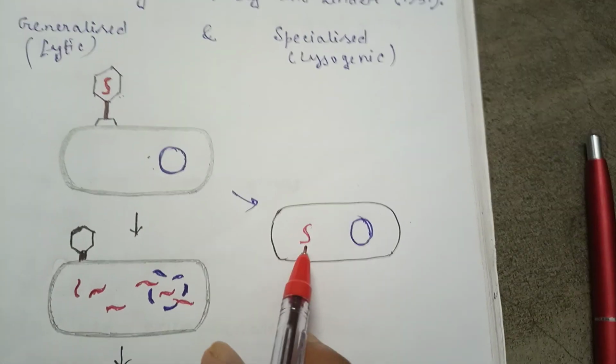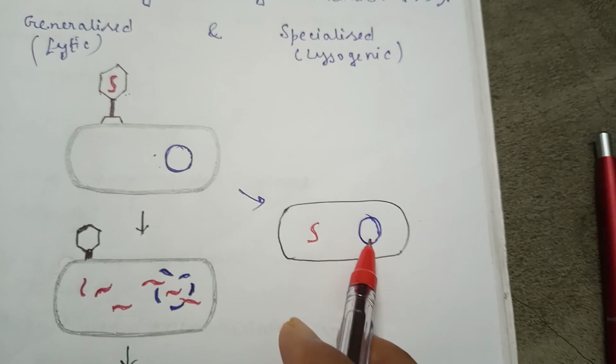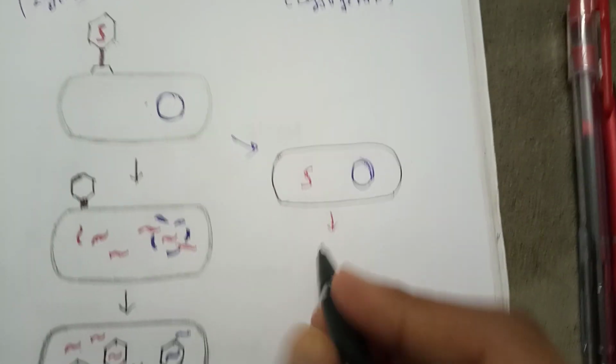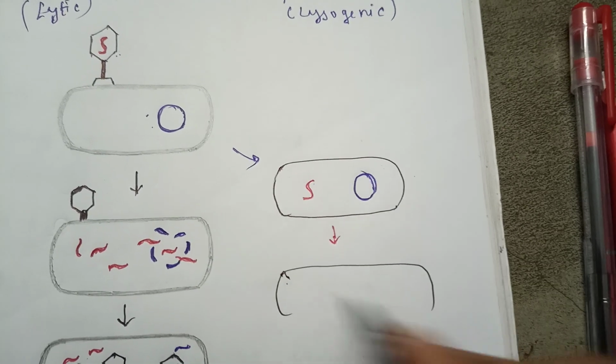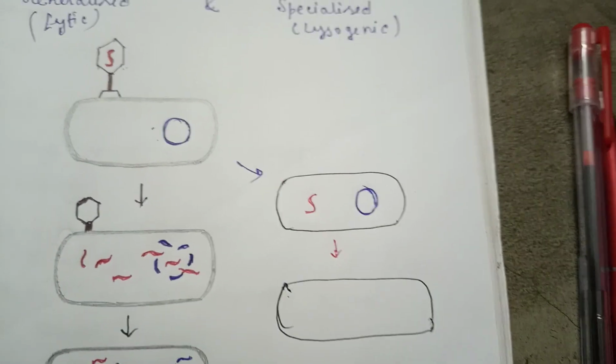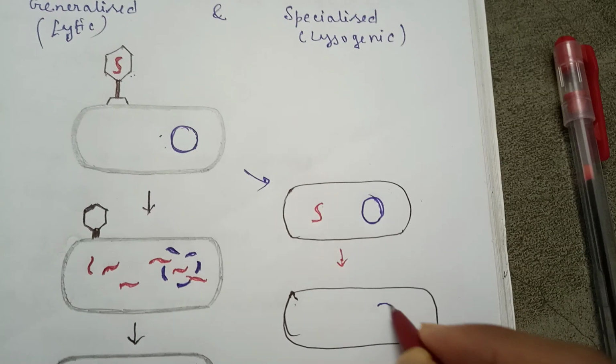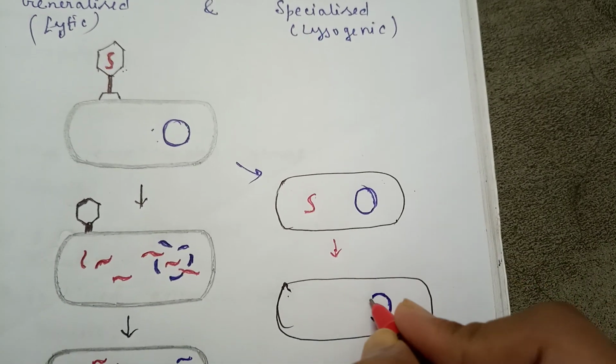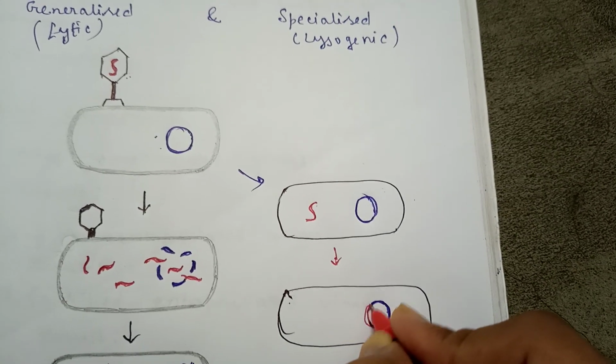In the next step you can see the viral DNA is here and the bacterial chromosome is also here. Then in the next step, this viral DNA is going to be inserted into the bacterial chromosome.